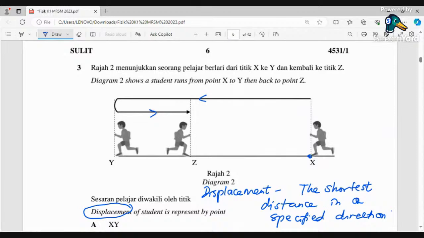So this is the initial and this is the final. Ini start sini, end sini. So the shortest distance is just drawing a straight line between these 2 points. This one will become the displacement. So you have displacement is XZ.